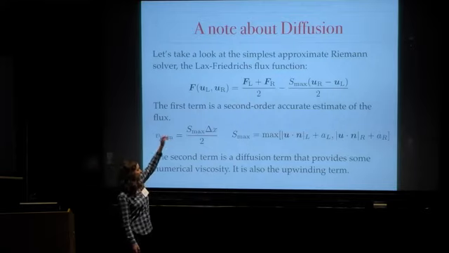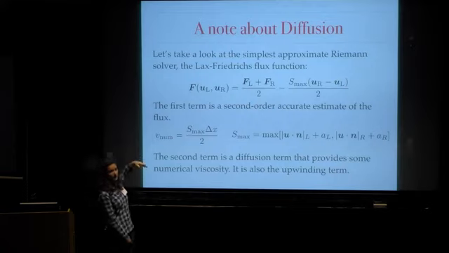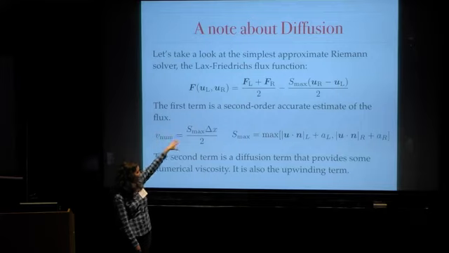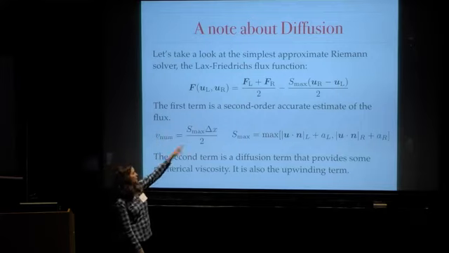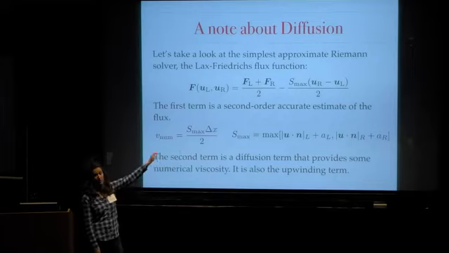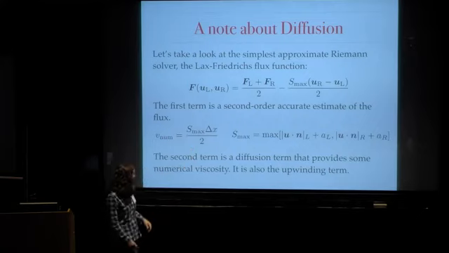Basically, you just take the flux from the left state, where those flux functions were given by rho u plus p, etc., and the flux from the right state, average those two, and then subtract off this term that has to do with the maximum signal speed, where that's the u plus a terms as a function of the right and the left states.